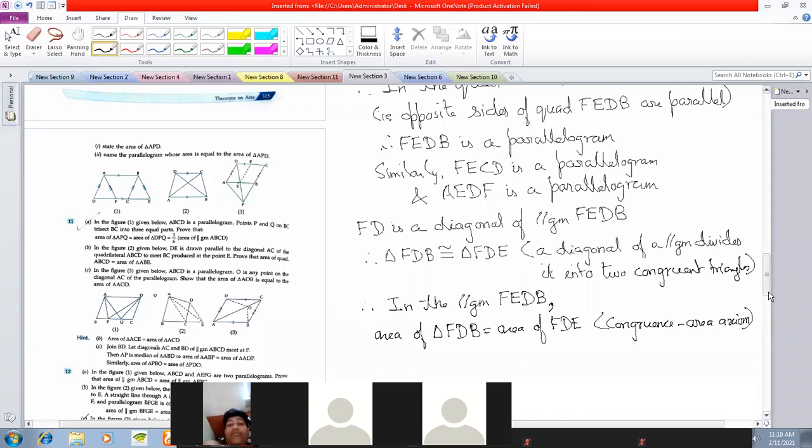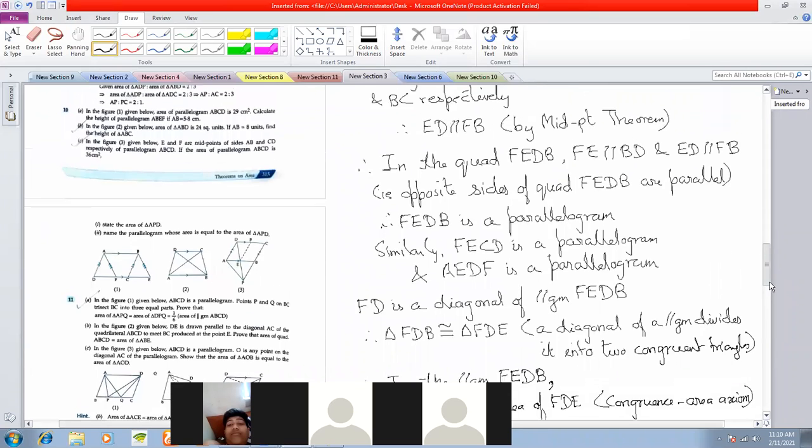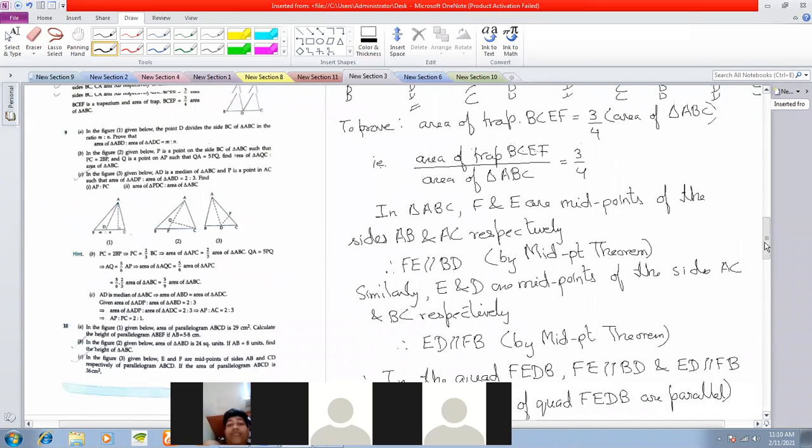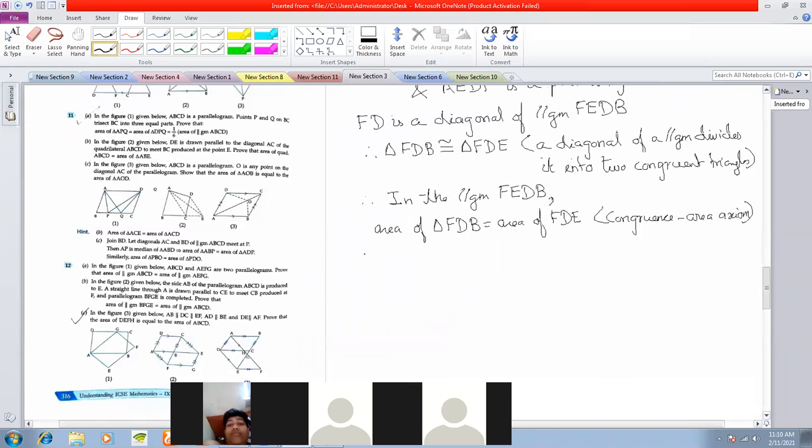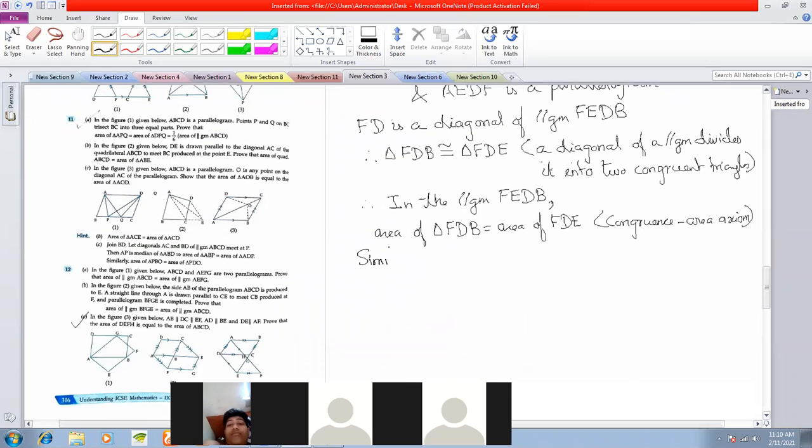Now we shall write similarly for all the parallelograms. So similarly, in parallelogram FECD, let's write this as DEF, not FDE. DEF sounds better.